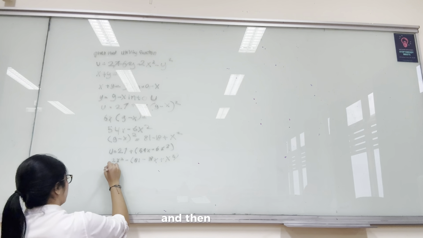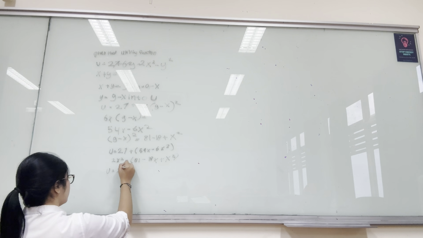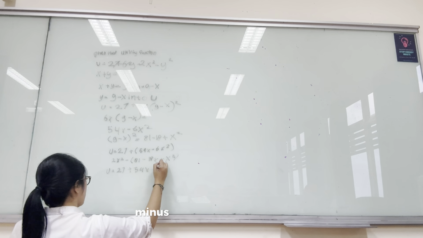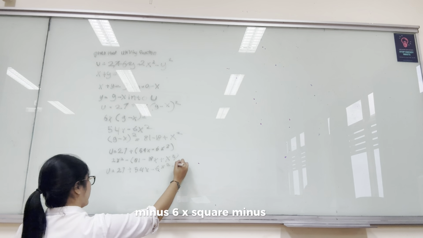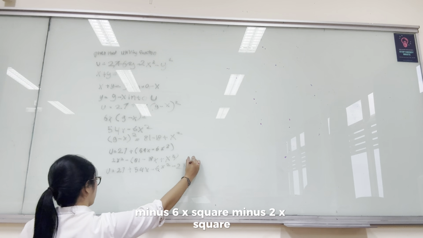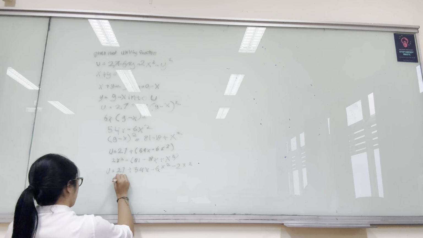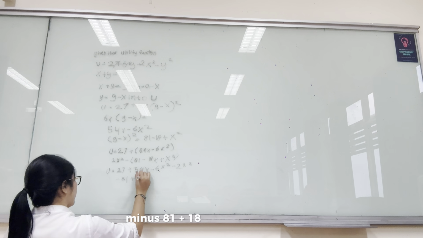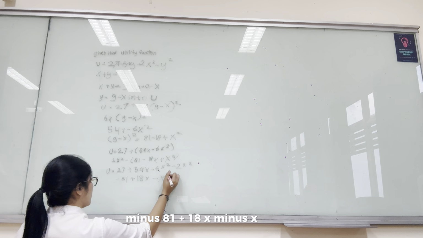And then U is 27 plus 54x minus 6x squared minus 2x squared minus 81 plus 18x minus x squared.